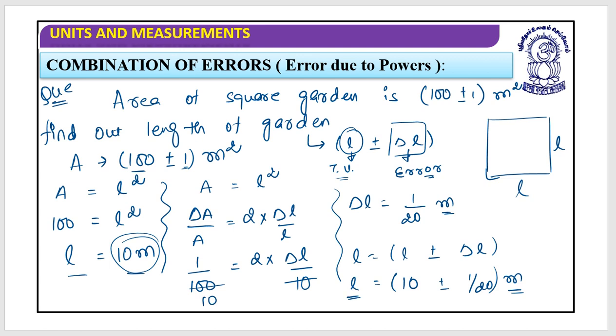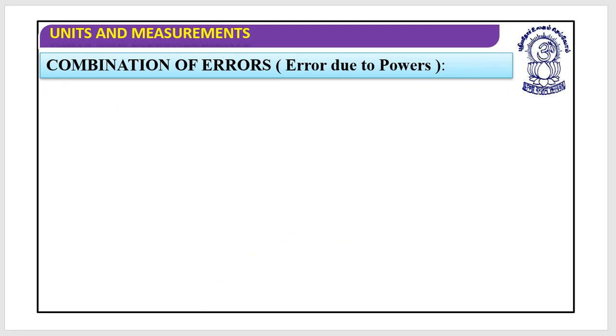This is the length of the garden, while 10 is the true value and 1 by 20 is the error associated with it. Will you be able to solve certain more questions? Do you find this interesting? Very interesting. Let's look at the new question. Next.